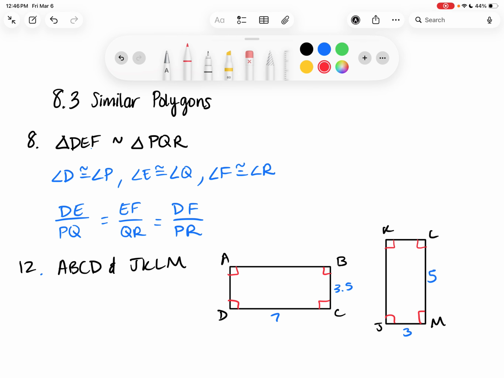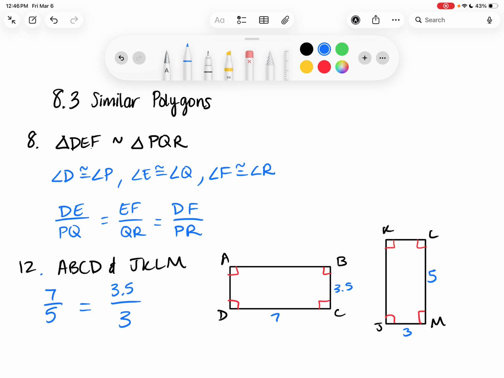Alright, so I'm trying to determine if these are similar or not, and not in the sense that we use the word of like, oh, they're similar because they're both rectangles, but talking similar in the sense of geometry. The way that we figure this out is we look at the longest sides over the shortest sides. So we're going to look at 7 over 5, and that should be equal to 3.5 over 3.